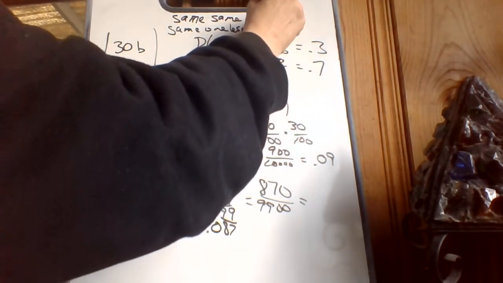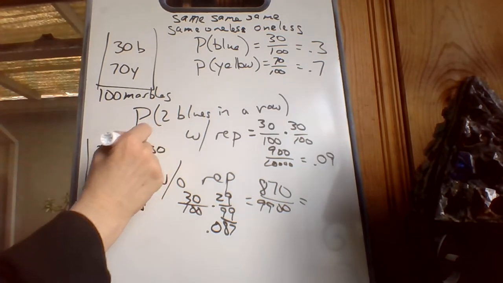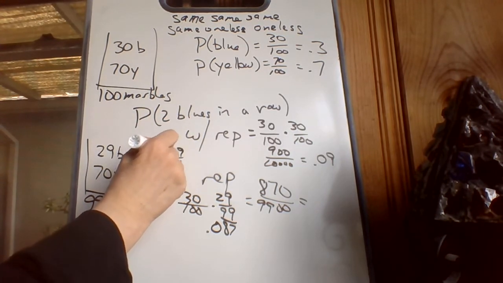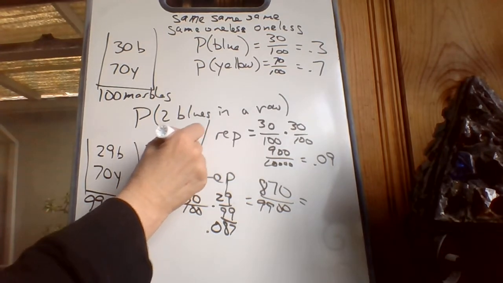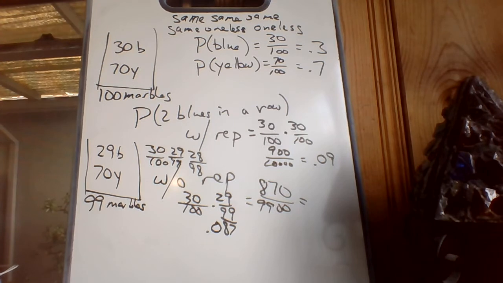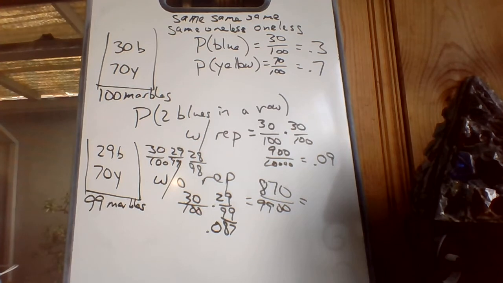And then I do 1 less again, because now there's 2 marbles on the floor. So it'd be 30 out of 100, 29 out of 99, 28 out of 98, 27 out of 97, and so on down the line for however many multiplications you need. You just have to keep going 1 less because more and more marbles end up on the floor.